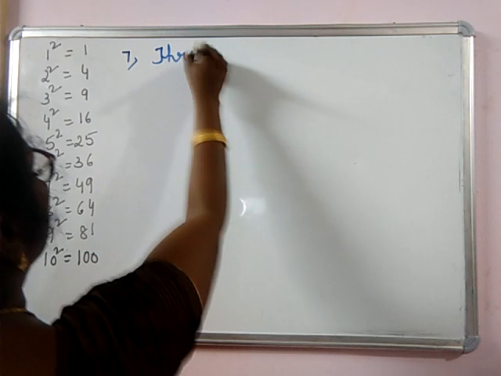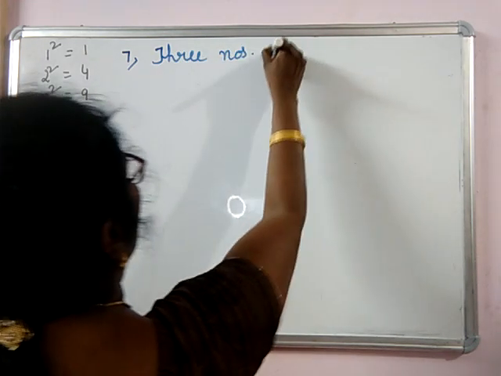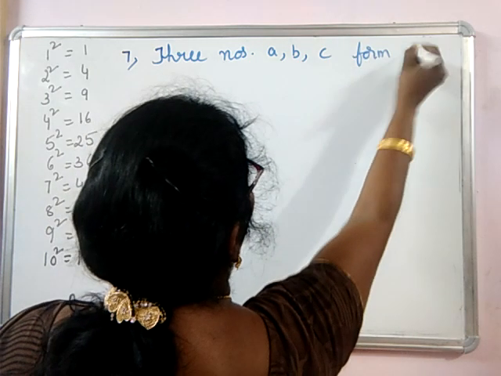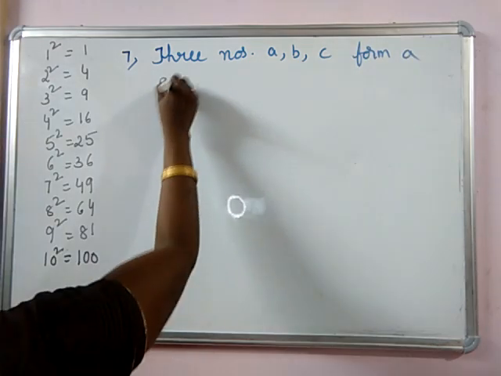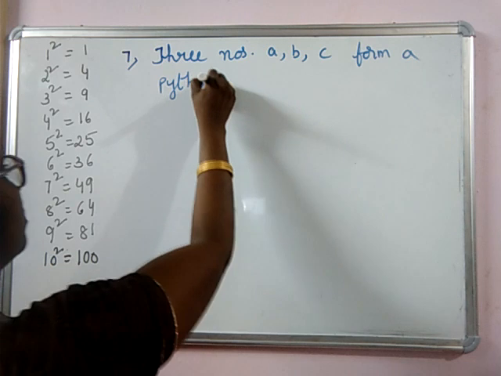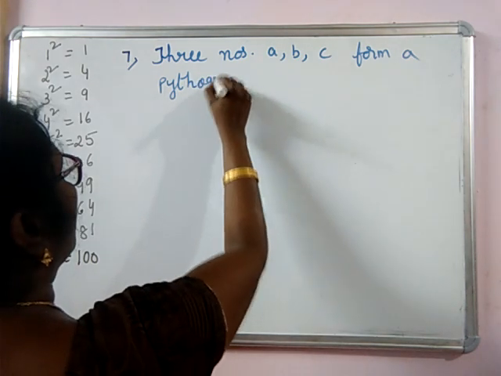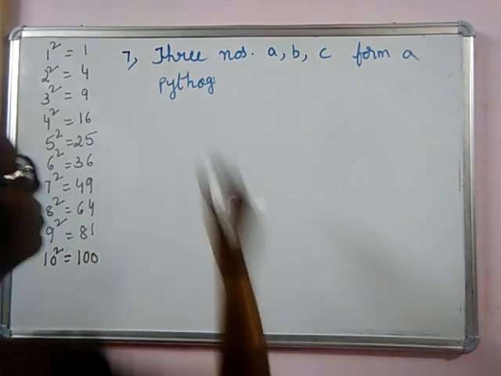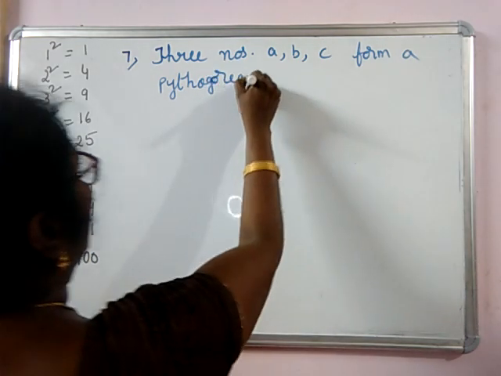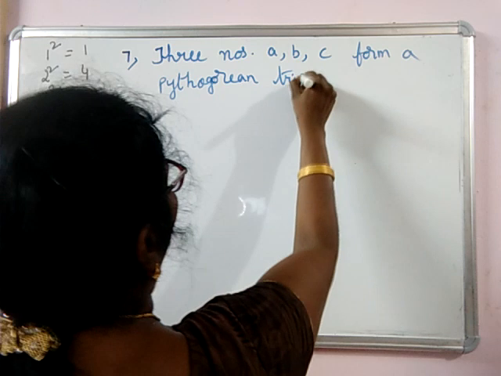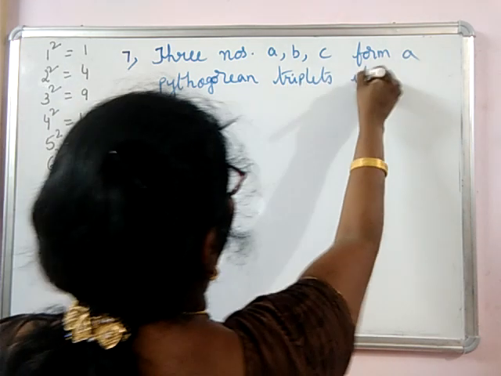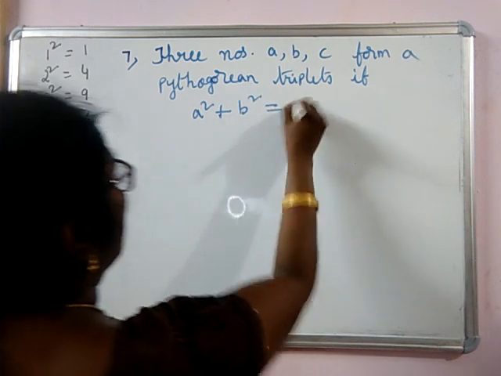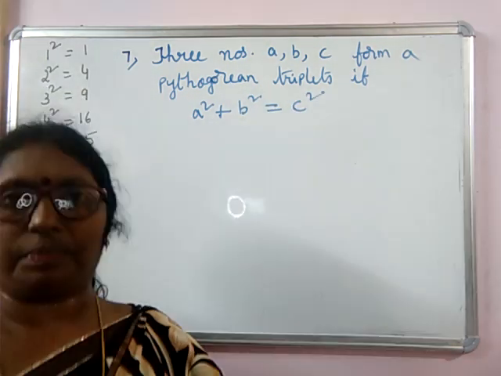Three numbers a, b, c form a Pythagorean triplet if a square plus b square is equal to c square.